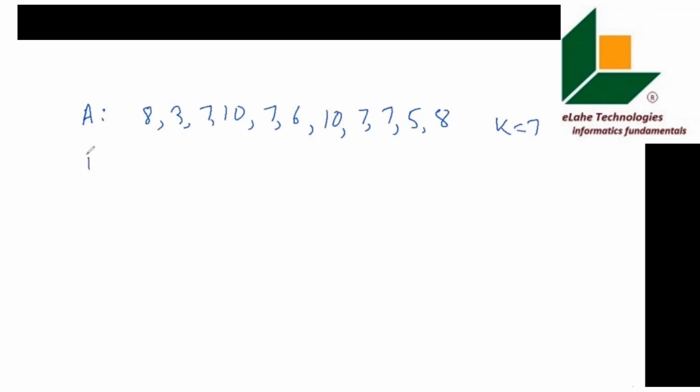What we can do is scan the array A and keep copying the elements which are not equal to K to another array B. So this would be 3. The 7 is not copied, 10 is copied, 7 is not copied. So 6, 10 is copied. Then the 2 7s are not copied, and 5 and 8 are copied.